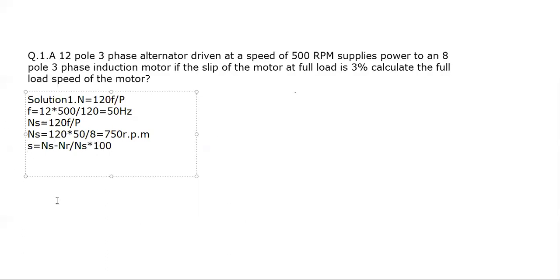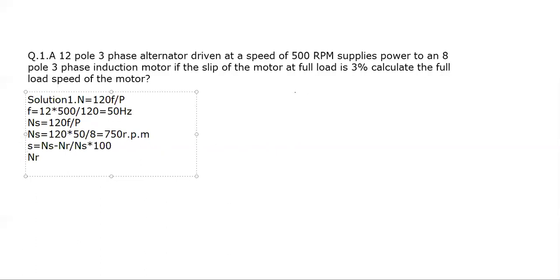From this equation, we can easily identify the speed of the induction motor when it is fully loaded and having a 3% slip. We can easily identify what would be the rotor speed.